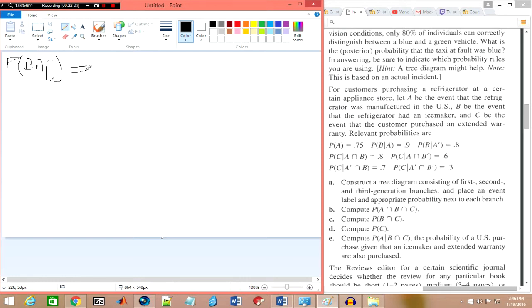Like, I guess this could be expressed as a probability of B given C times the probability of C, but we don't have that.